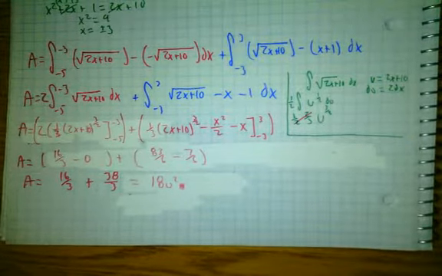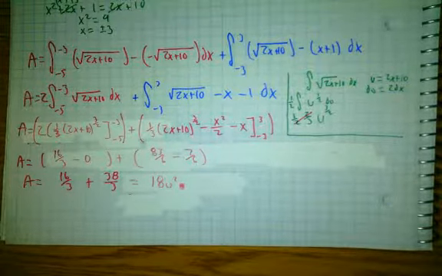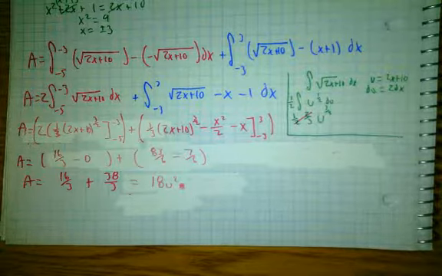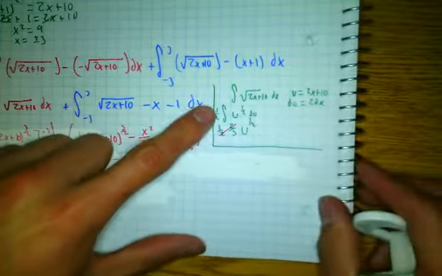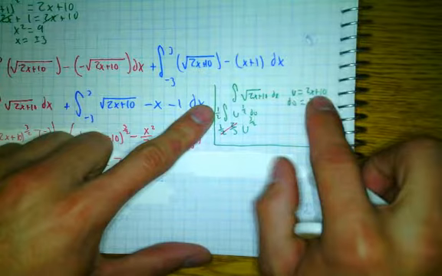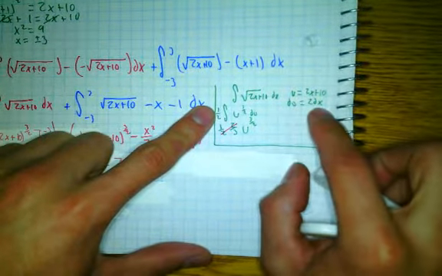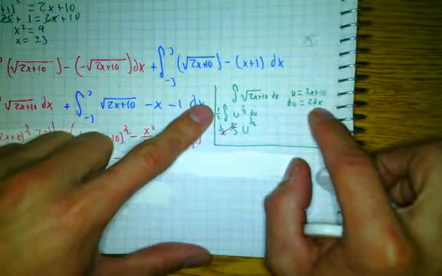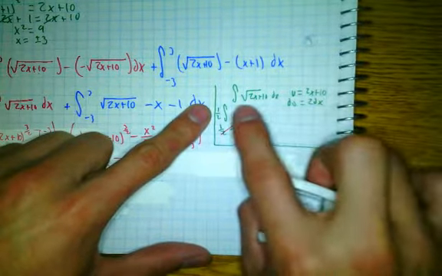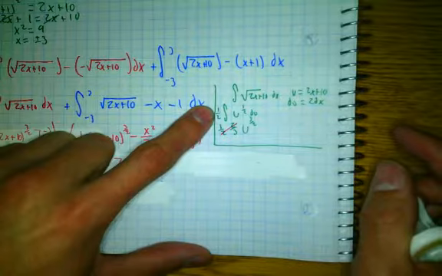Yes, ma'am? Doesn't the 2 go away though when you use them? No, because there's a half. Yes, the 2 goes away because of the half, but let me go back to when you integrate just this by itself. You let that be u, so when you take the u, you get 2 dx. So we're going to rewrite it as, I'm going to divide by 2, so that's why I have the 1/2 on the outside.